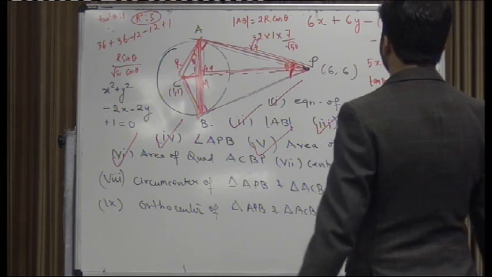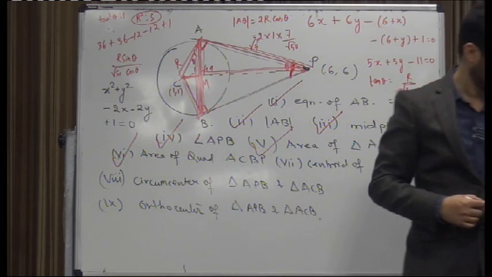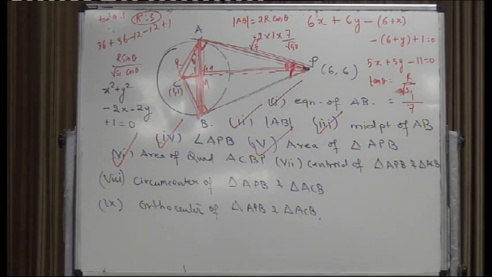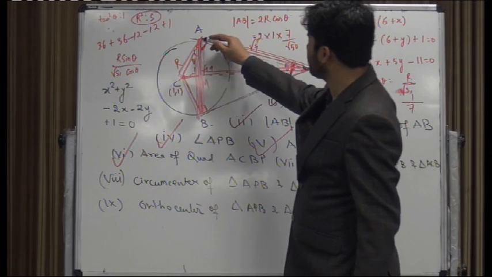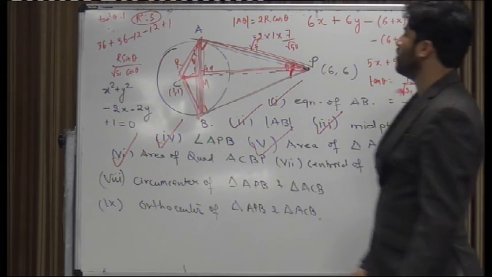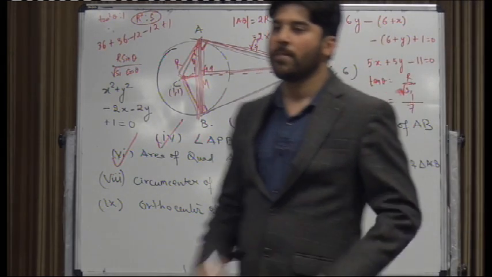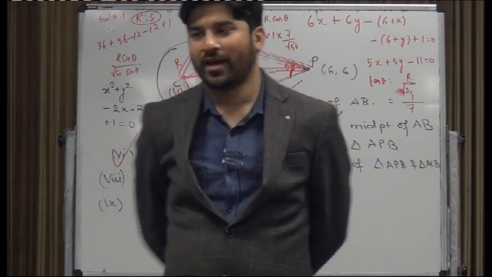Now centroid of triangle APB. Now you have this triangle, right? You have this triangle APB. Can you see the triangle? Okay, now you have to find the centroid of this triangle. How to find the centroid of a triangle? I don't have all the coordinates.